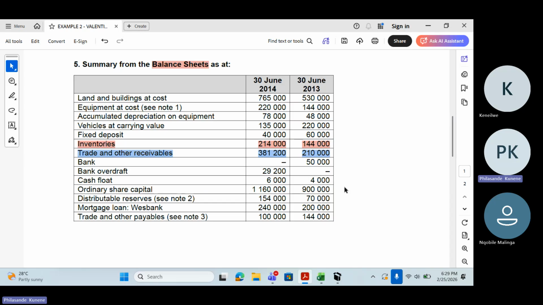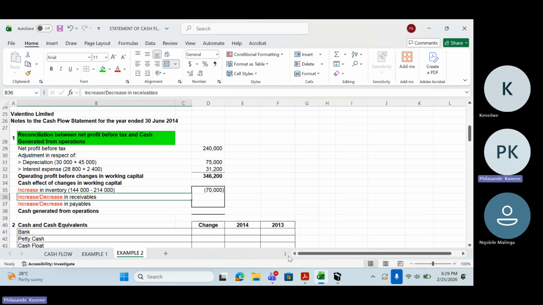So there was an increase here again. Increase in receivables from 210,000 to 281,200.